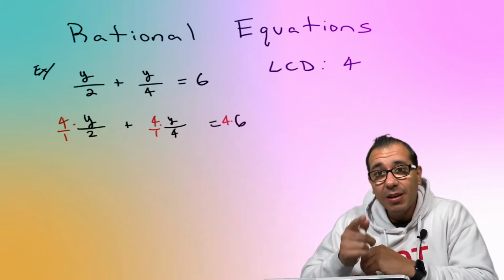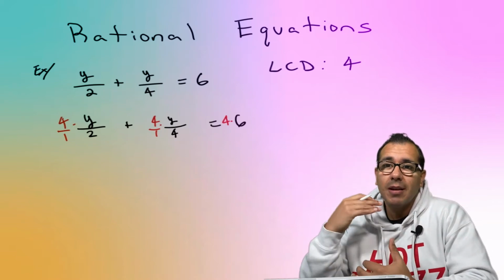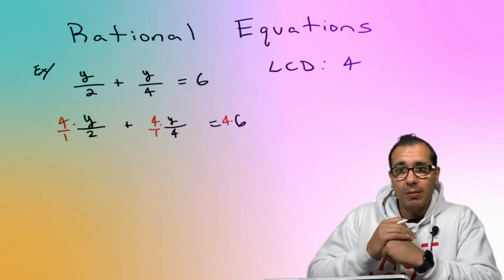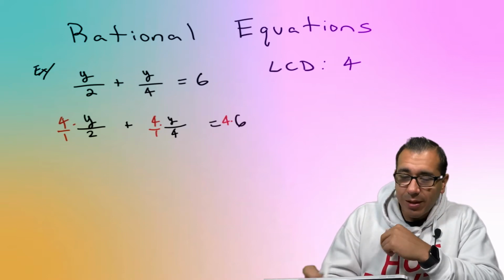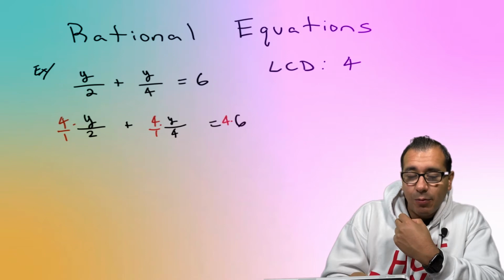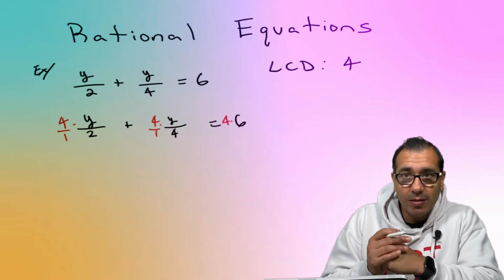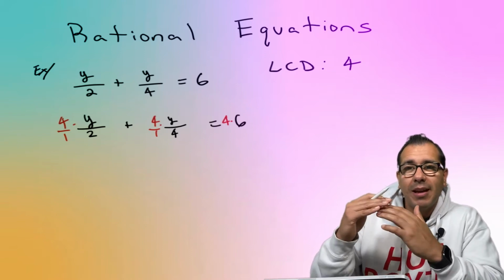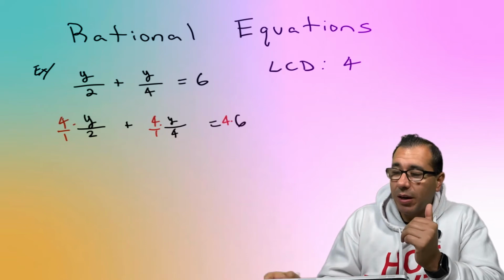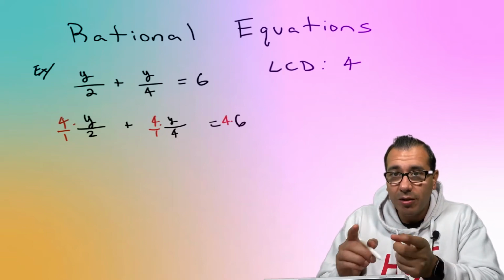If that helps you, then do it. The reason some people like to write it as a fraction is so that they can see 4 divided by 2, and we could cancel these two. So whatever helps you out, that's the way I want you to do it.